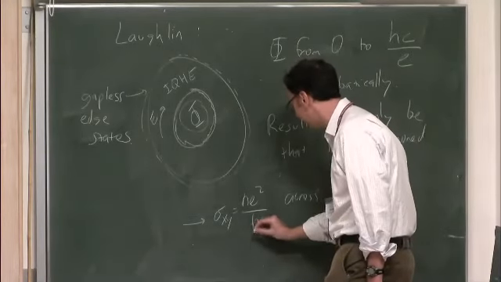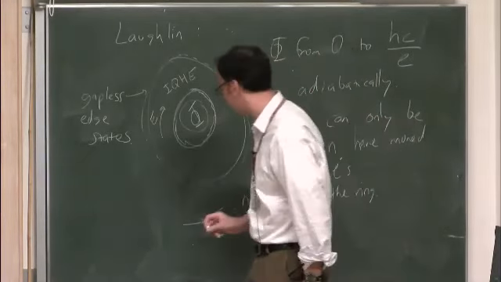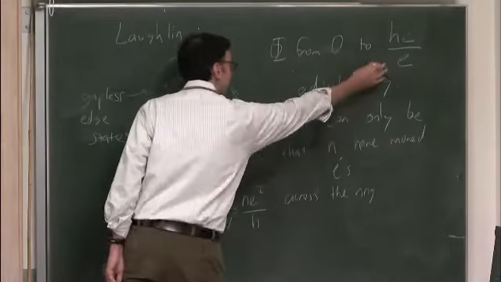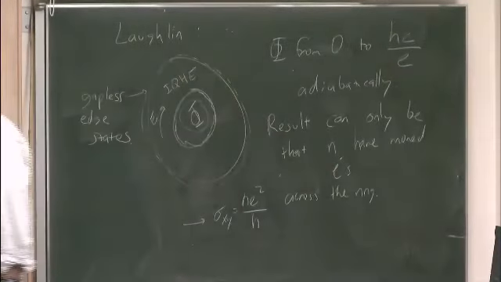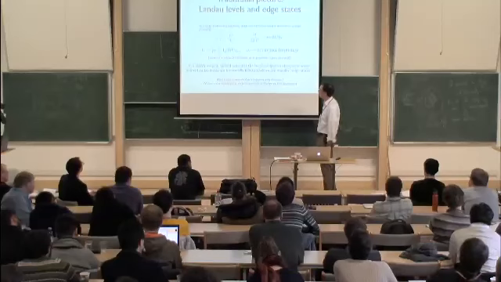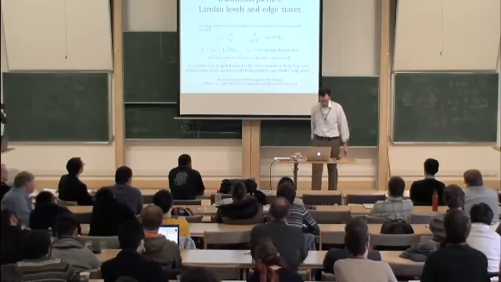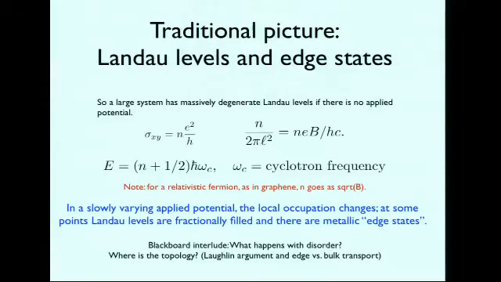The c in my units was in the Maxwell equation, so that's where I lose the c, and then e over h here and e there. So that's the Laughlin argument, but it leaves a few things unanswered, like how could I understand these edge states more abstractly, and that we will talk about when we come to the Chern-Simons picture of the Hall effect.